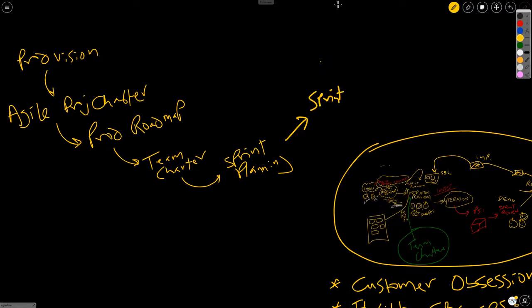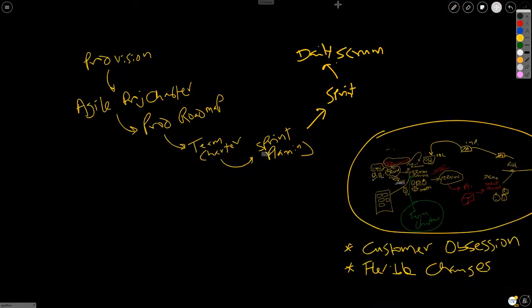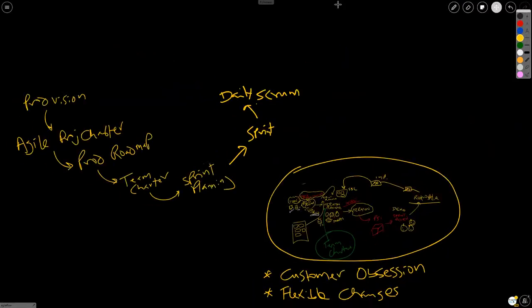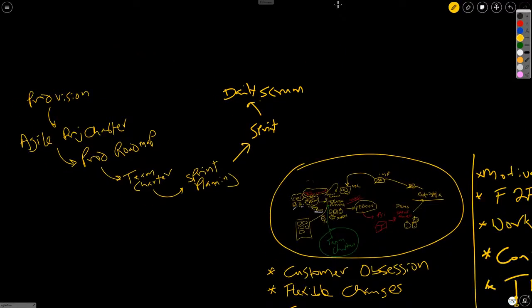Okay, so the sprint is a container for everything else. Within the sprint, you're going to have your daily scrum. You're going to have, not in strict sequence, but of course, you're going to have your backlog refinement.